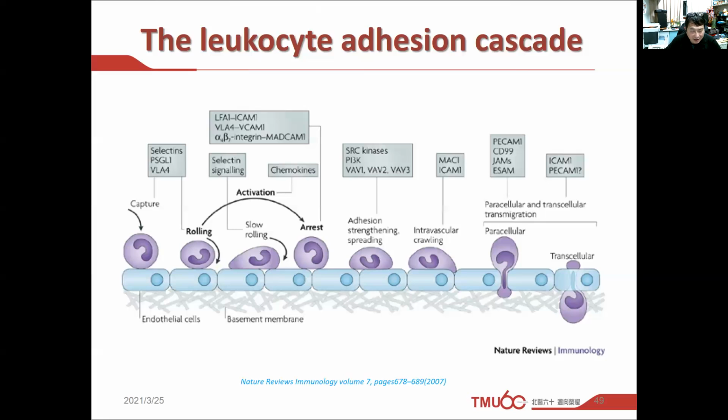Those adhesion molecules have higher affinity with their ligands, and those ligands will facilitate slow rolling, which can slow down the leukocytes and make them aggregate in a particular size of vessel, very close to the trauma or inflammatory sites, and then will turn to firm adhesion.